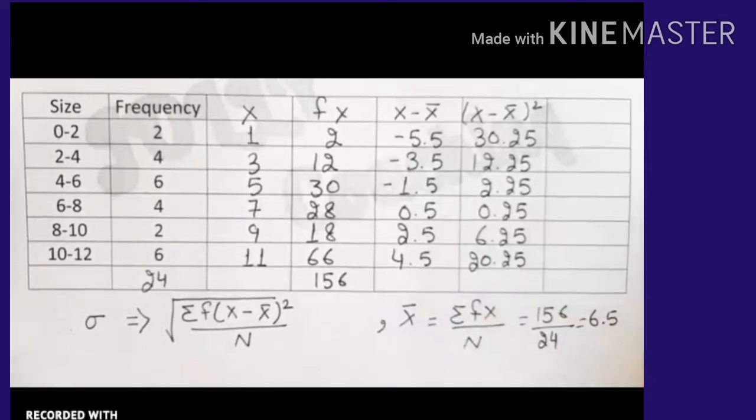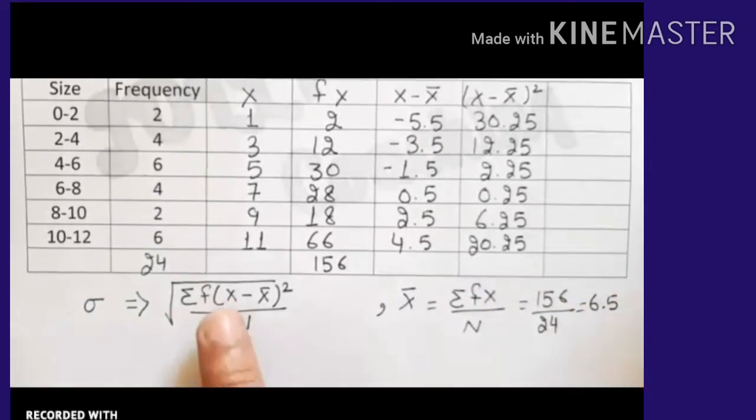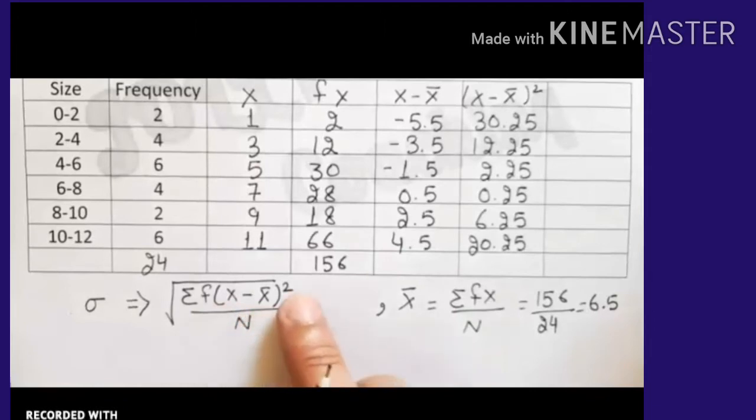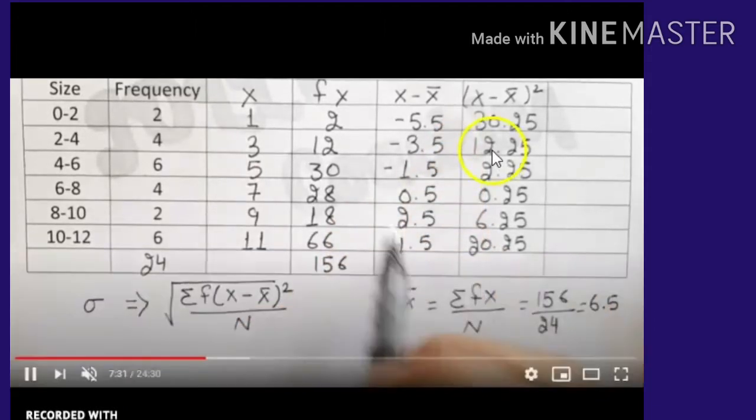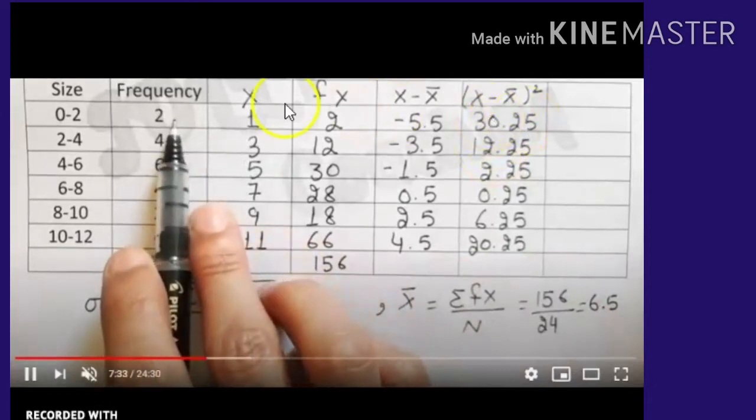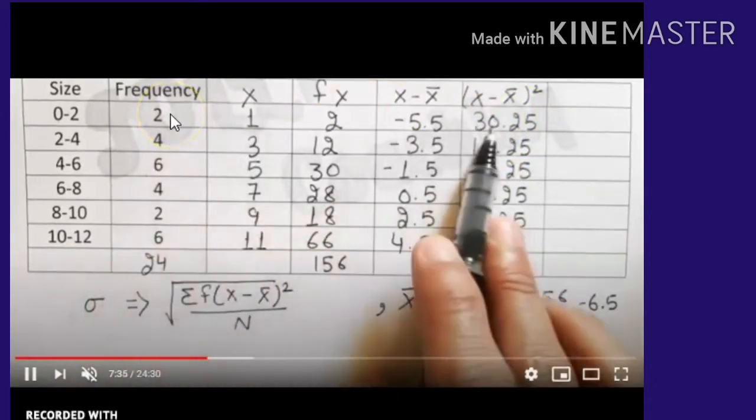The next column is f into (x minus x bar) the whole square, which is to be found. Then you have to find the total. You multiply with the frequency column, then find the answers.